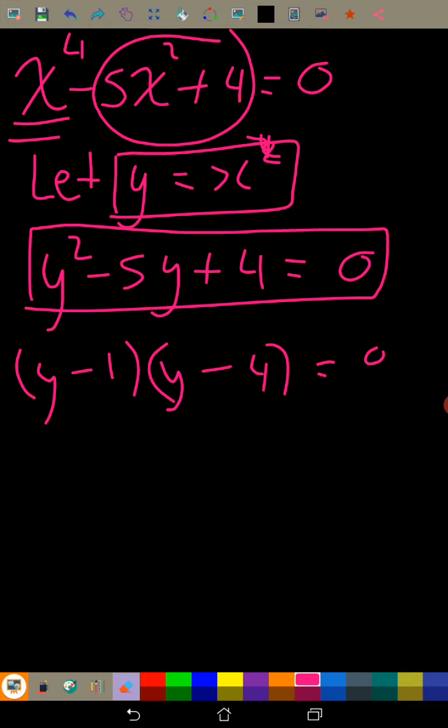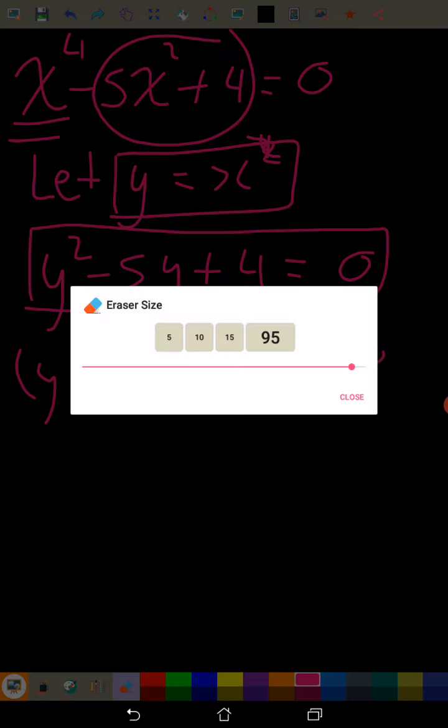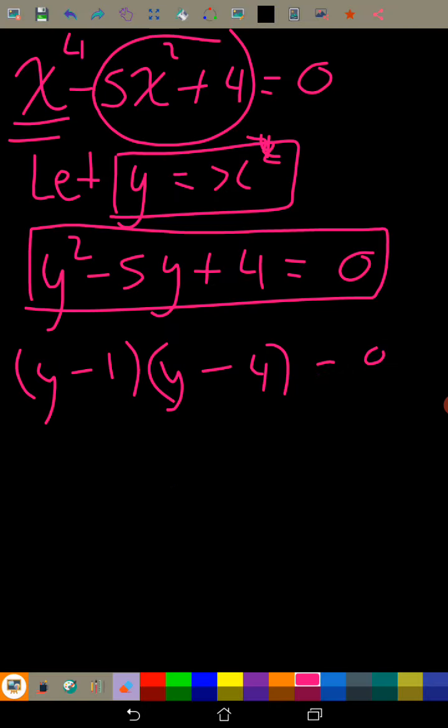It's not a perfect square. So we have obtained this, and since it's an equation, not an inequality, we can also not draw the curve and so on.